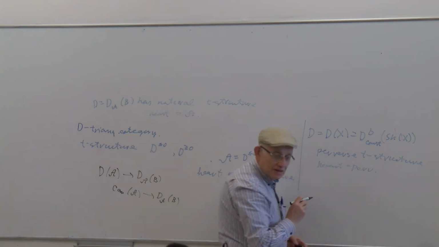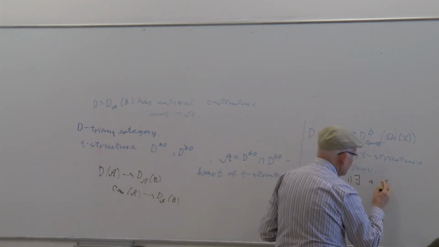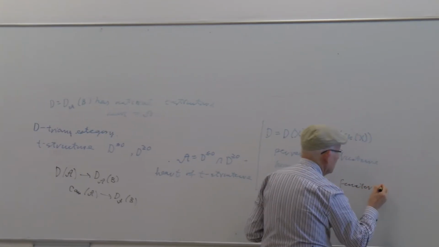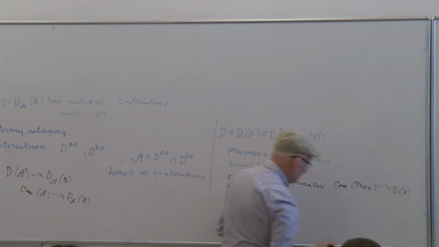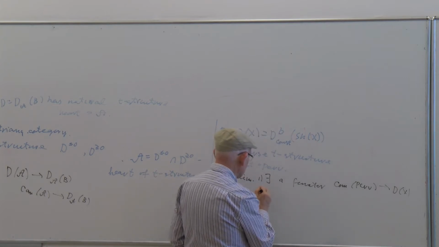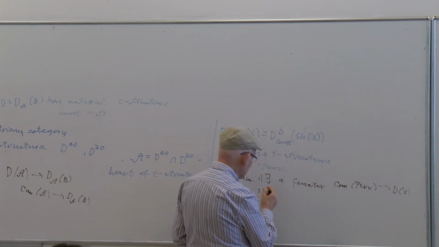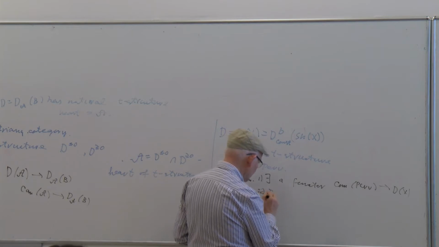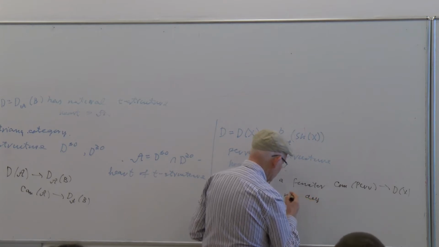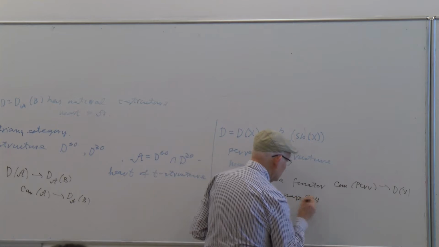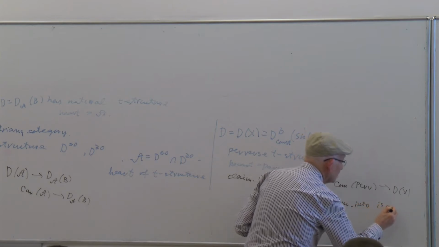So, claim. First, there exists a functor from complexes of perverse sheaves into D of X. Second, this natural functor maps acyclic into acyclic, quasi-isomorphisms into isomorphisms.